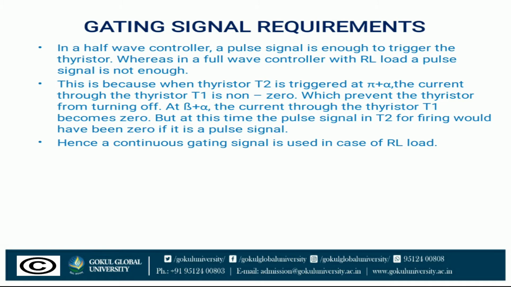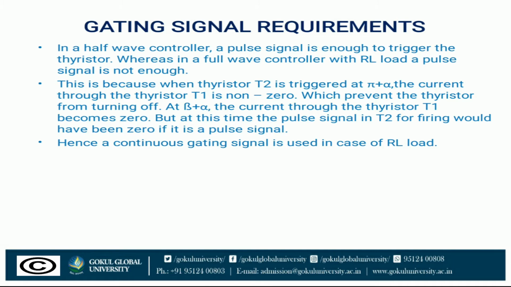In a half wave controller, a pulse signal is enough to trigger the thyristor, because the thyristor can be turned off with the help of a single pulse, whereas in a full wave controller with RL load, a pulse signal is not enough. This is because when thyristor T2 is triggered at pi plus alpha, the current through thyristor T1 is non-zero, which prevents the thyristor from turning off.